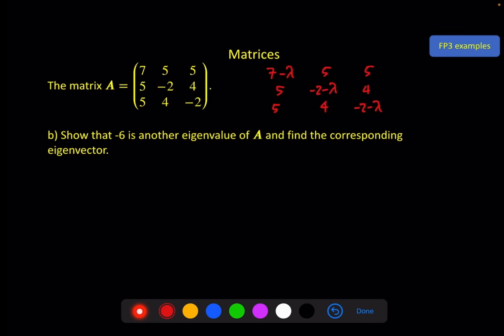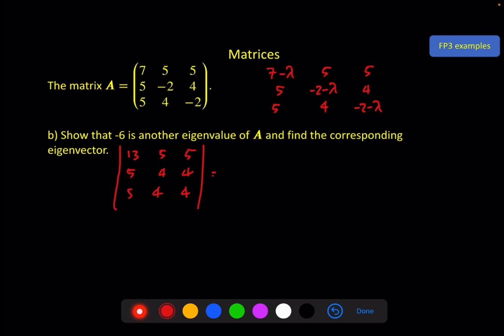But in order to show this, I don't need to go through the whole process and find all of the lambdas. What I could do is just put -6 into lambda here, and then show that the determinant of that is 0. So that's what I'm going to do. So we get 13, 5, 5, 5, 4, 4, 5, 4, and another 4.